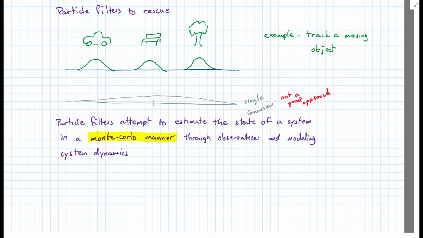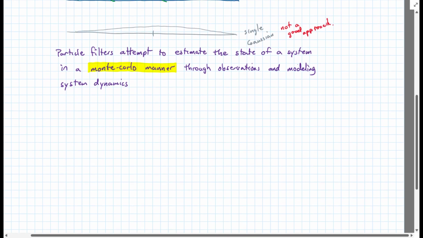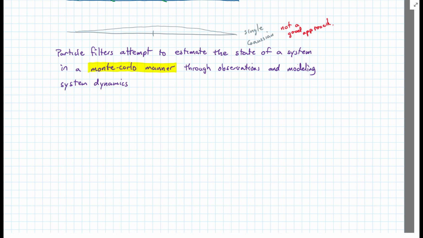But the difference is that we're going to be doing this in a Monte Carlo type manner. And actually, more accurately, we're not so much estimating the state of the system, although that's the ultimate goal, as we're attempting to model a distribution of the state of the system.